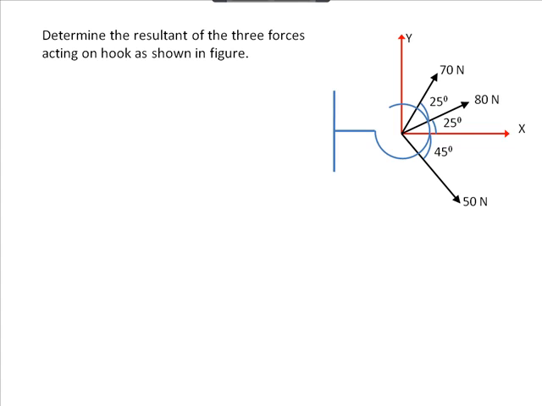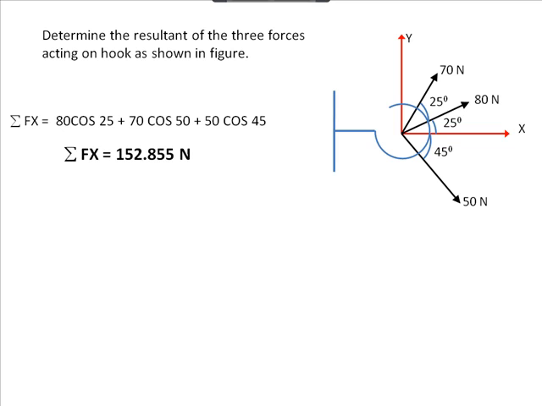So here are 3 forces. All I do is follow the same method. I resolve them in x direction. They come to 80 cos 25, 70 cos 50, and 50 cos 45. Add them up. Then do the same thing for y. Sigma fy, 80 sin 25, 80 sin 50, and minus 50 sin 45.